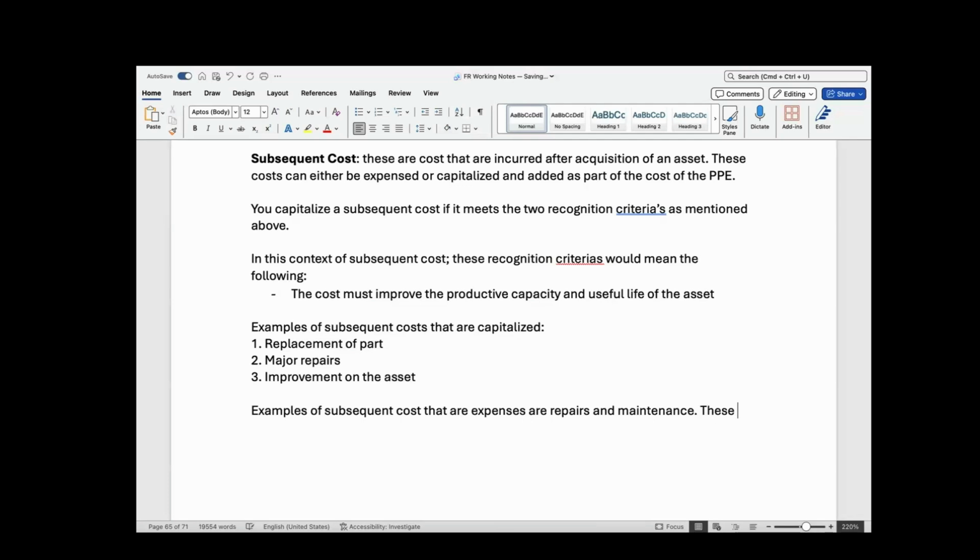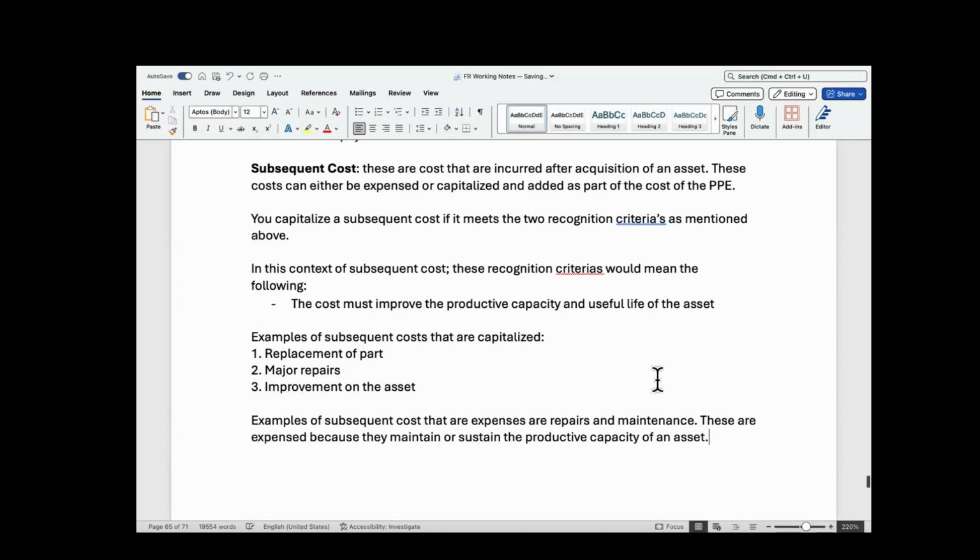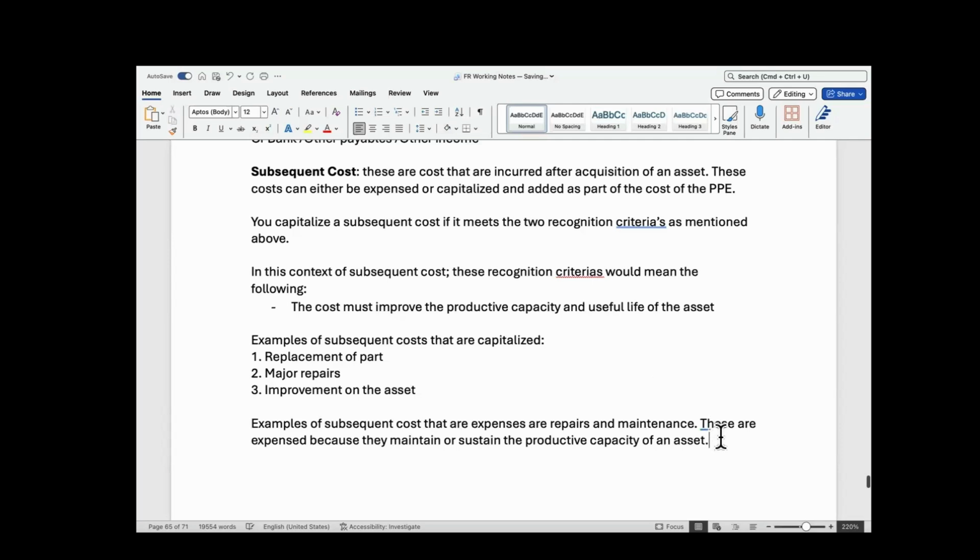You see, these are expensed because they only maintain or sustain the productive capacity of an asset. And that is it. That is subsequent costs.